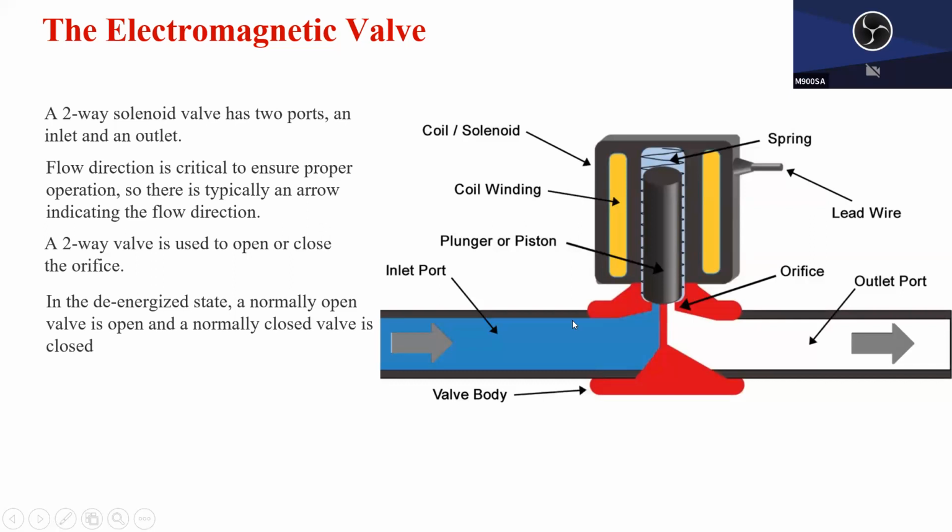So when you give electrical current, the spring will lift the piston upward so that the air comes through it. Or, in a rest state, the valve is normally closed, so when you give electrical current, the spring will push the piston through it so that it can block it. So we normally have two types of solenoid valve. The first is normally open, and the second is normally closed. That's all.